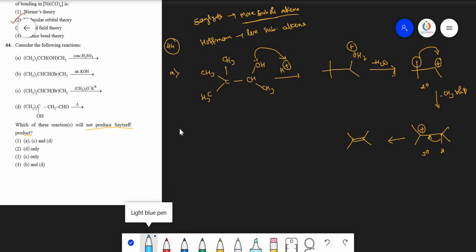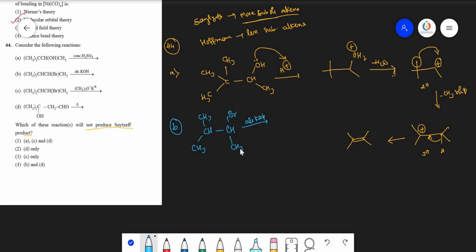So let us see option B here. In option B, I will make the structure properly visible to you all: CH3, CH, Br and CH3. And to this, alcoholic KOH, which is a dehydrohalogenating agent, takes the halogen and a hydrogen from the beta carbon, forming the most substituted alkene.